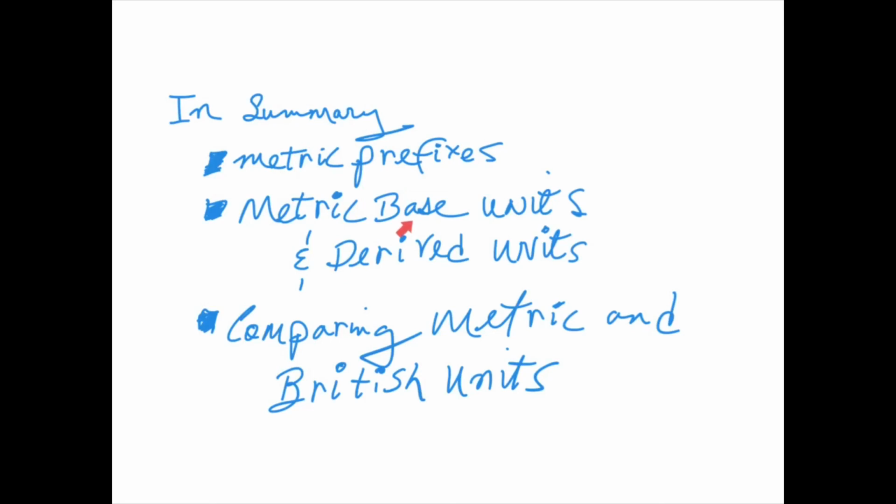The base metric unit for mass is the kilogram. The base metric unit for time is the second. All derived units are combinations of the 7 basic metric units. Lastly, we compared some common metric and British units. This concludes this video on Introduction to the Metric System.